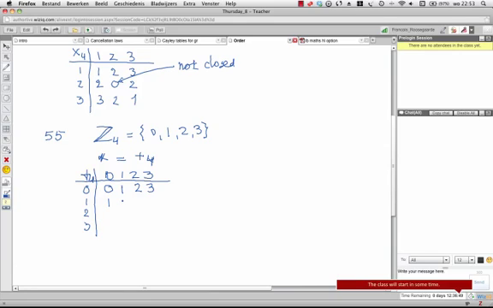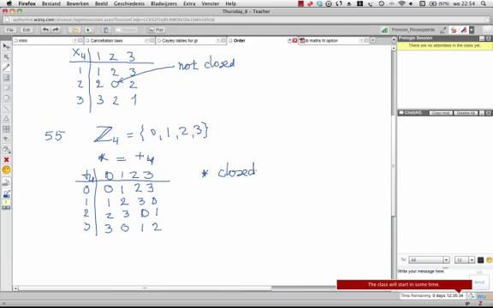Here the remainder is 1, 2, 3 and 0, etc. So 2, 3, 0, because 2 plus 2 equals 4, so divided by 4 it gives me a remainder 0, and here 1, and here the remainders are 3, 0, 1 and 2. Now what I see here is that the first axiom is in order, because I see that this structure is indeed closed.